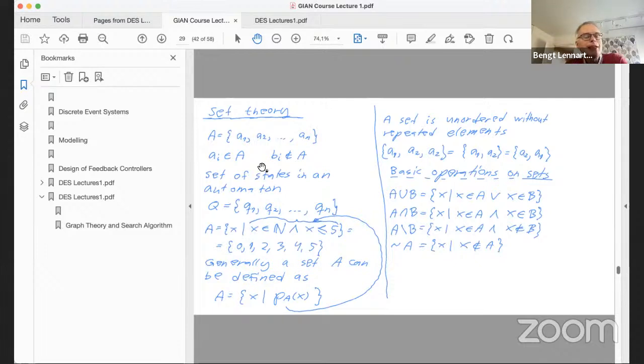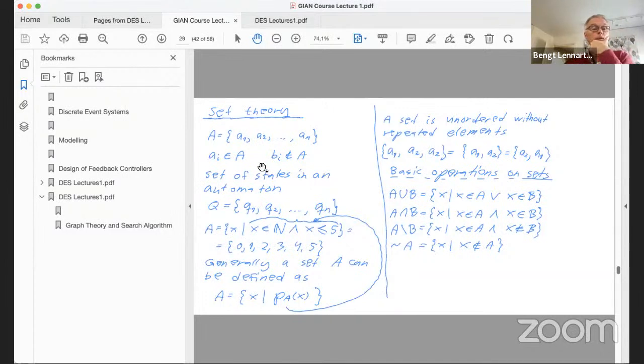So, for instance, in our automaton, which we will define tomorrow, I will introduce the notation that I have a set of states in my automaton, and then the elements can be denoted Q1, Q2 until Qn. That's a standard notation. In the examples I've given so far, I've called the states integer numbers. So it was 0, 1, 2, etc. But it's also quite common to have these more symbolic notations.